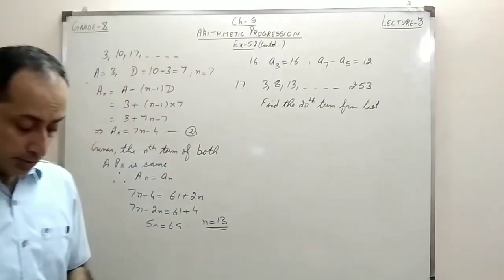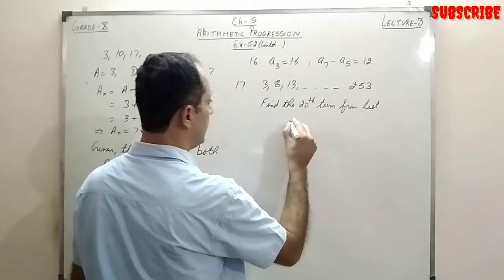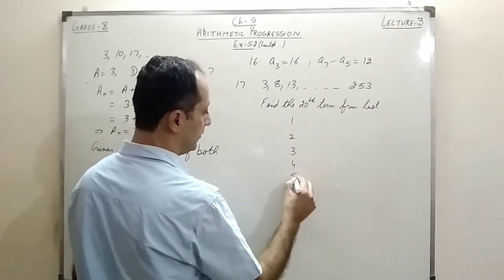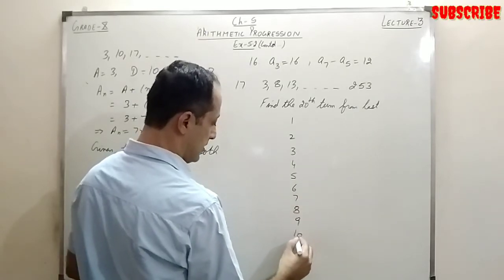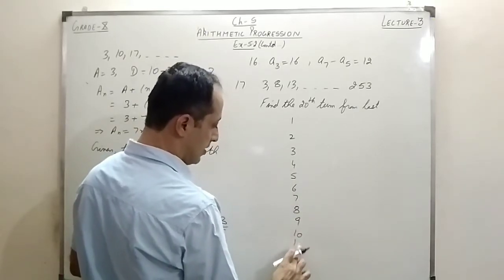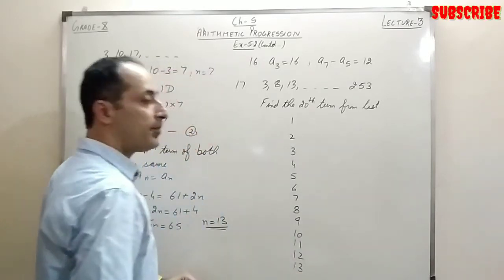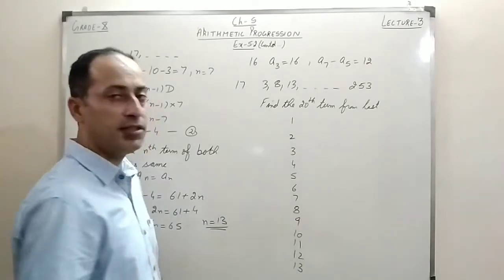Right? So, what can we do? See, suppose there are some students standing in a line. So I write these numbers. In this way the students are standing.